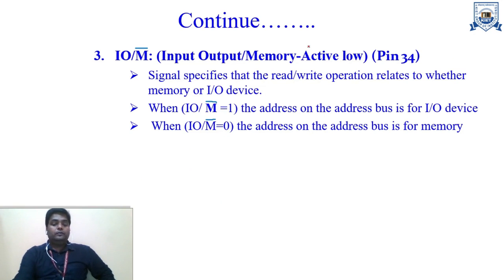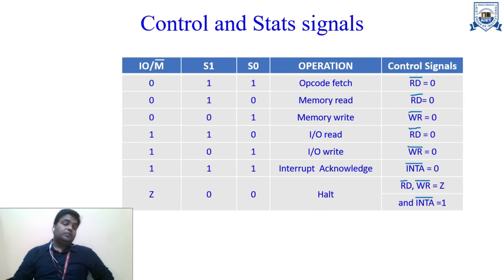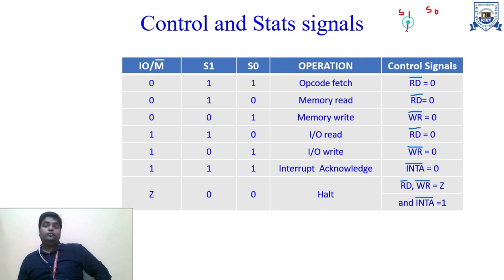So now we will discuss what operations are performed for the different values of IO/M complement, S1 and S0. When S1 and S0 is equal to 1 0, it will perform the read operation.